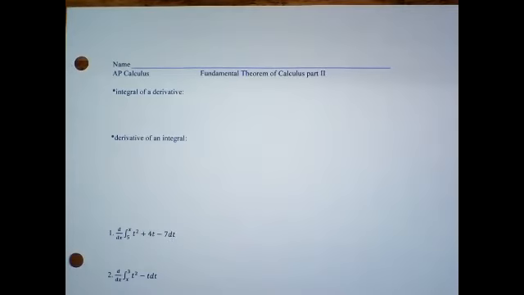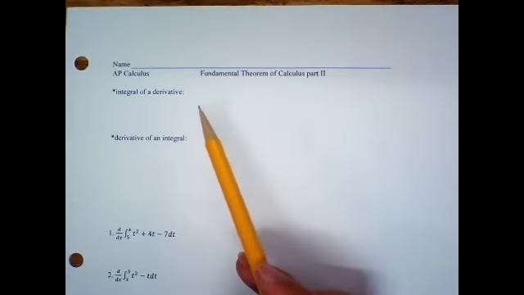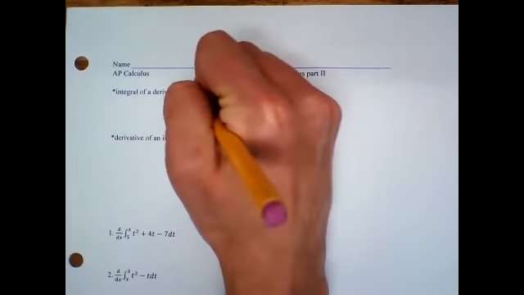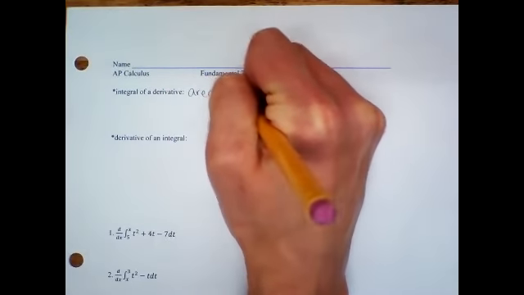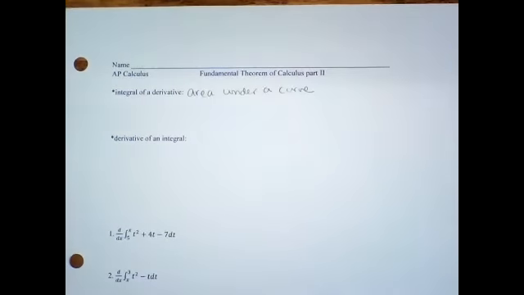So this is also sort of a sequel lesson. This is the fundamental theorem of calculus part 2. So I'm going to review the first part and then we'll look at the second part. So the first part is integral of a derivative, and it gives you area under a curve. So that is what it tells you. It gives you that area under the graph.